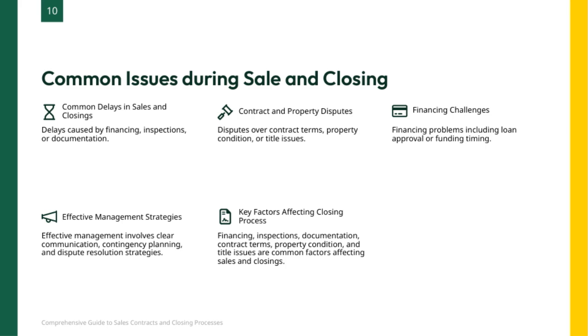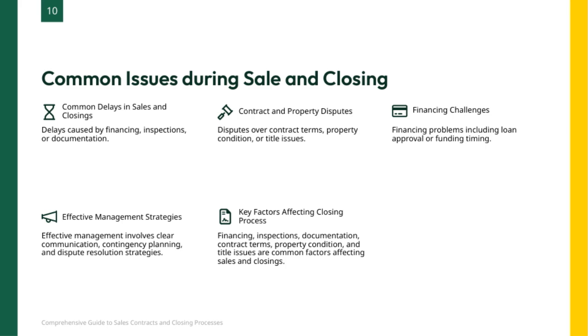To handle these issues effectively, good management is key. This includes clear communication with all parties, having contingency plans in place, and being ready to resolve disputes quickly. Finally, it's important to remember the key factors that influence the closing process. These include financing, inspections, documentation, contract terms, the property's condition, and title issues.